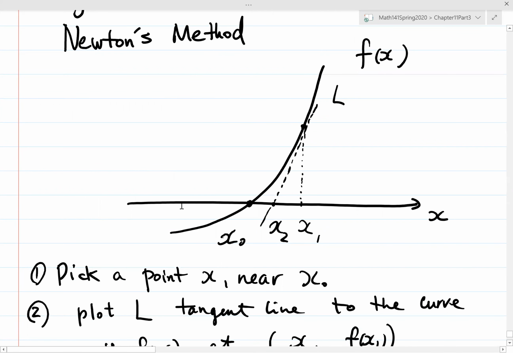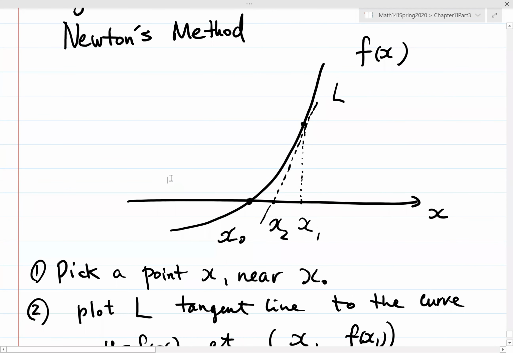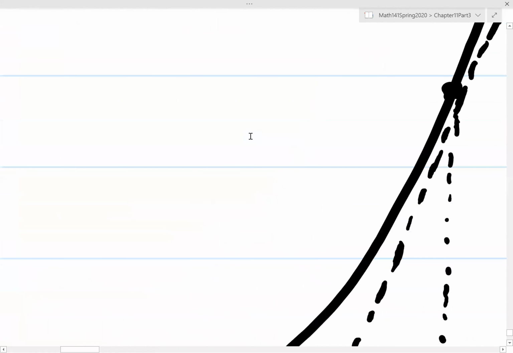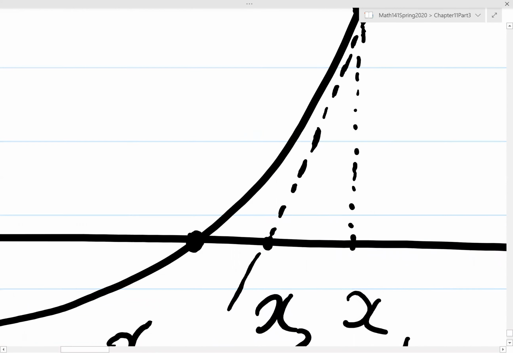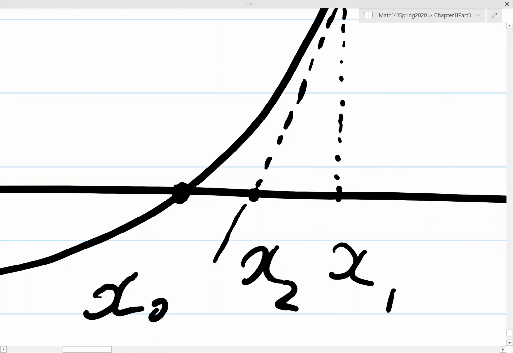Now let me make the picture bigger and look at it. So you get x2, and then you lift it upward and plot a tangent line.